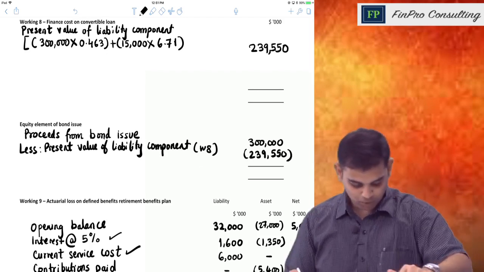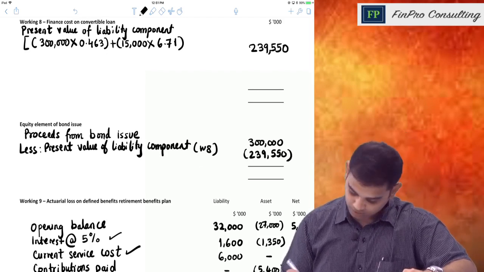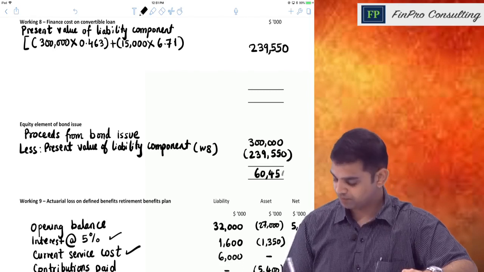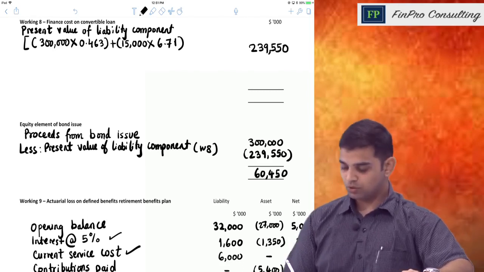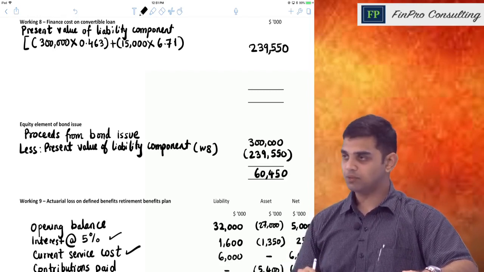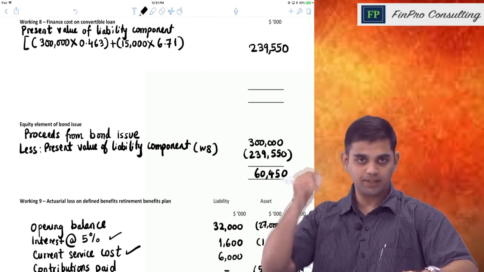So my equity component is 60,450. So I will include this amount in statement of changes in equity because it is adding to my equity directly.